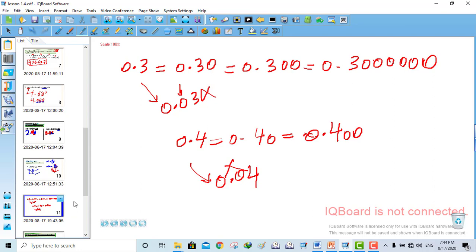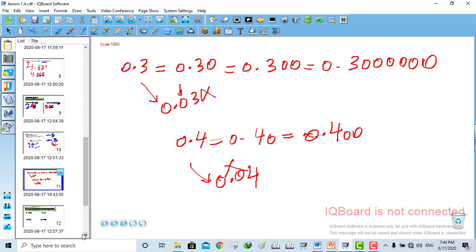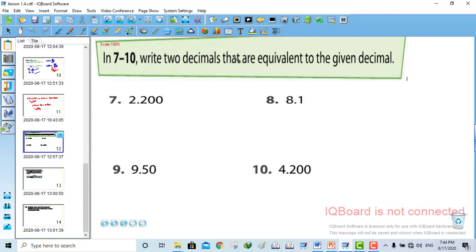Let's go to the next question now. He's asking us here to write two decimals that are equivalent. So equivalent to 2.200, I can write here 2.20. I can write 2.2, this one right and this one right. And even if I added more zeros like 2.2000, it's also right. Okay, but to answer 2.0200, no, wrong answer.